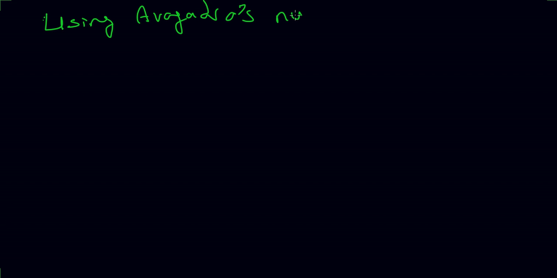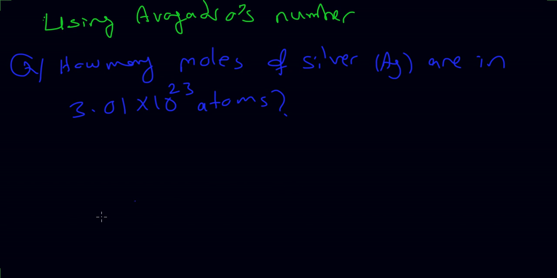Okay, here using Avogadro's number. Okay, the question is that how many moles? So here mole is unknown, number of moles unknown, in silver are in 3.01 multiplied by 10 to the power 23 atoms.